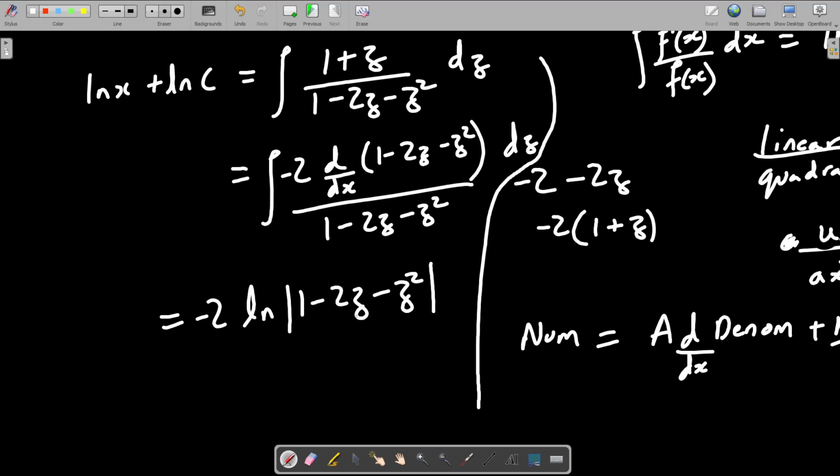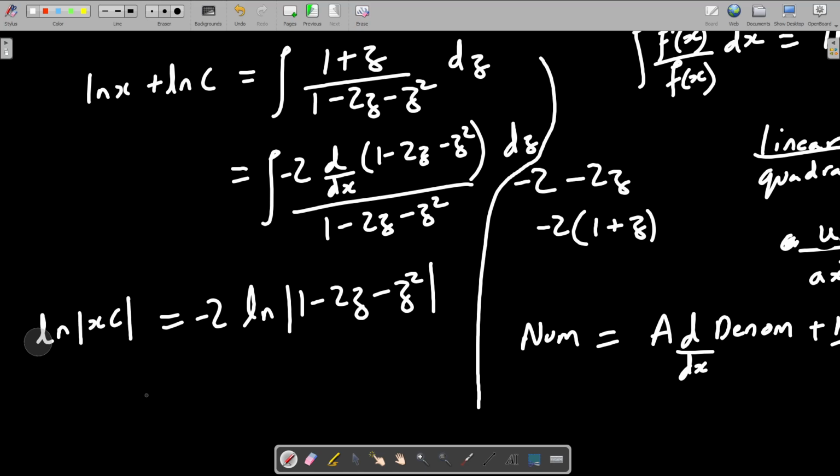Just keep in mind I'm writing modulus just to avoid negative values coming inside, because log is defined only for positive values. That's why I'm writing modulus over it. So this will become ln of x plus ln of c, which becomes ln of x into c. Right?